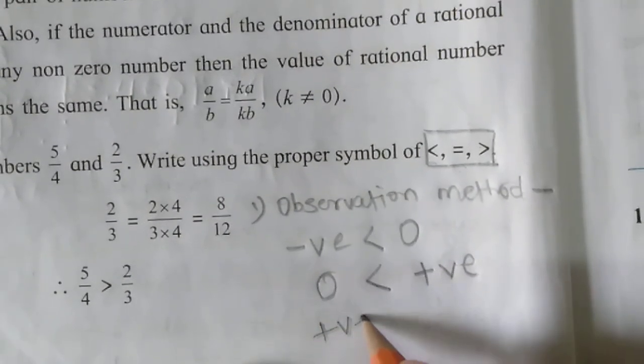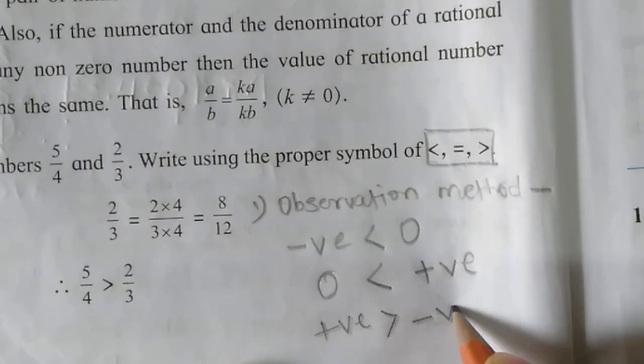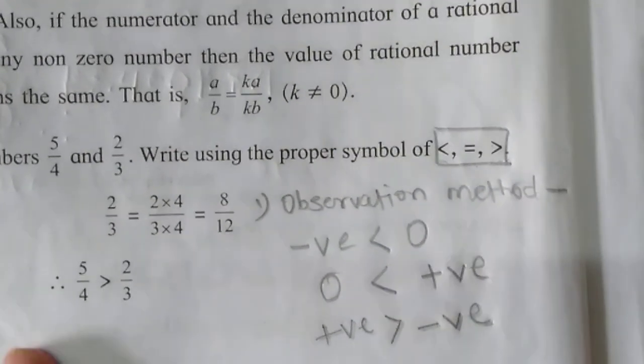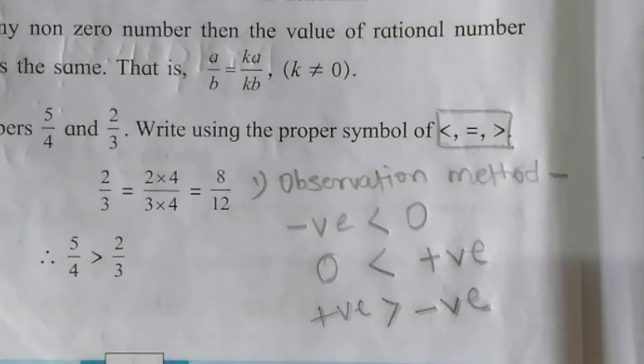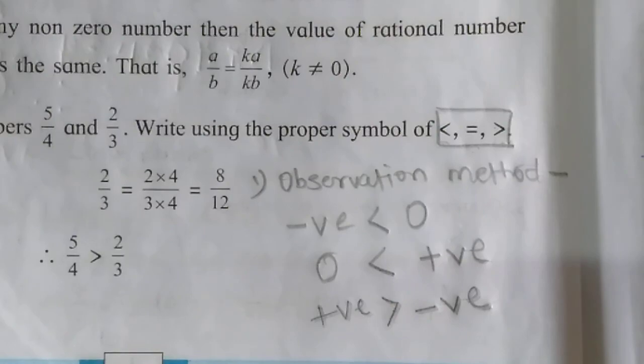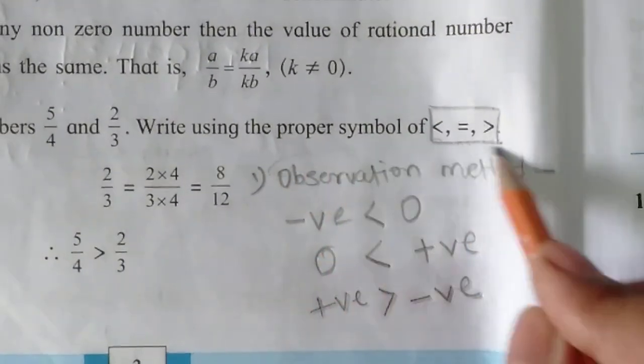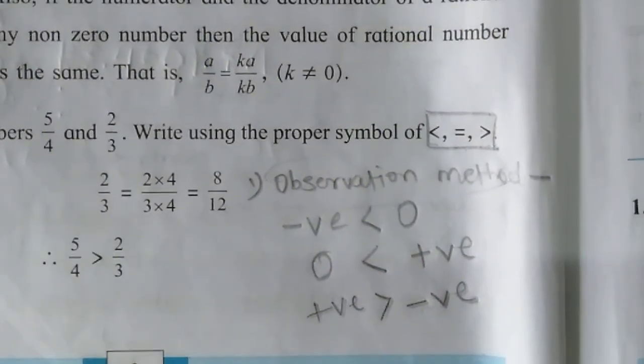All positive numbers are greater than all negative numbers. So when negative, positive or 0 numbers are given in the question, we directly write down the answer by observation. Correct?